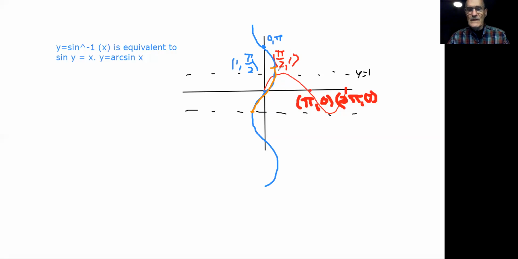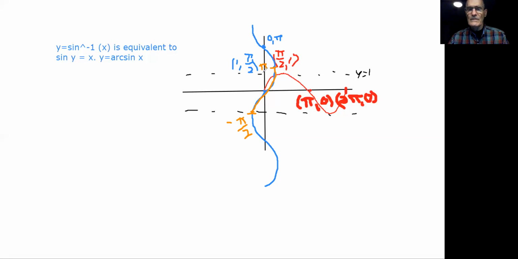So the key thing you've got to remember here is the range of the inverse sine function is from minus pi over 2 to pi over 2.